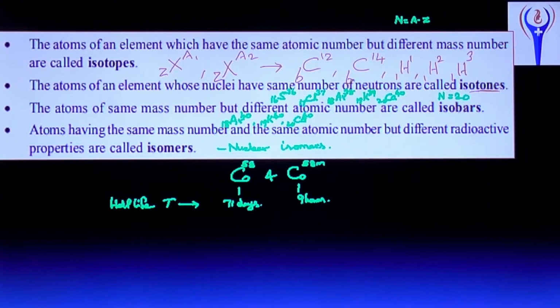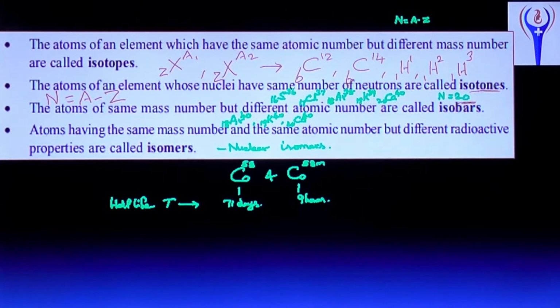And here, how will you find the neutron number? Neutron number N equal to A minus Z. Then 36 minus 16, or 37 minus 17, 38 minus 18, 39 minus 19, 40 minus 20. For all, you will get N equal to 20. So the number of neutrons is the same.